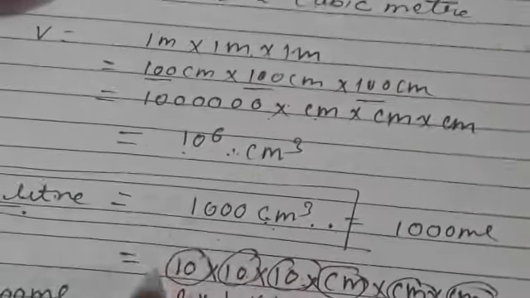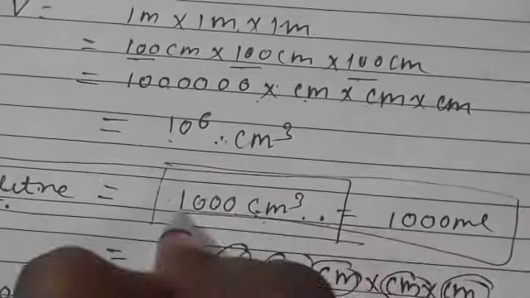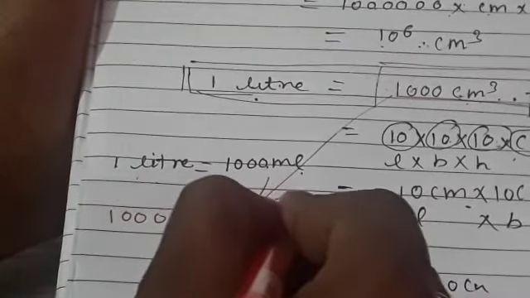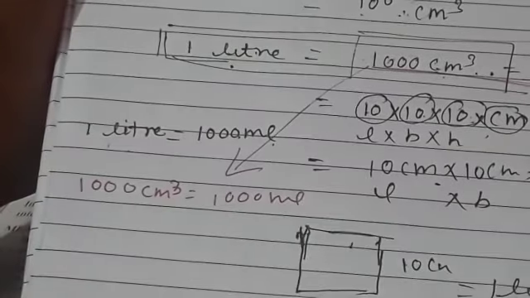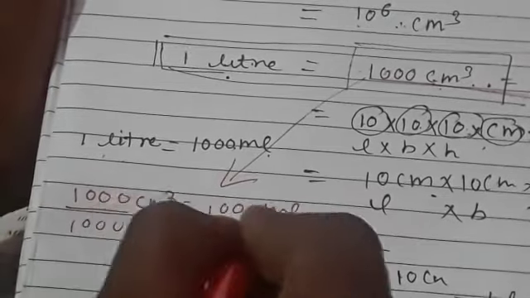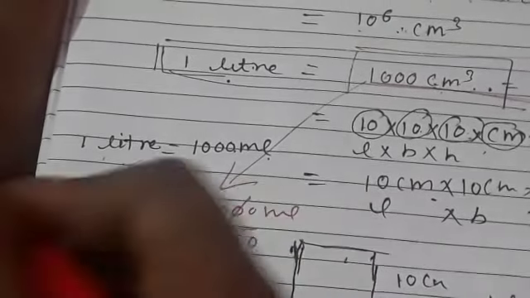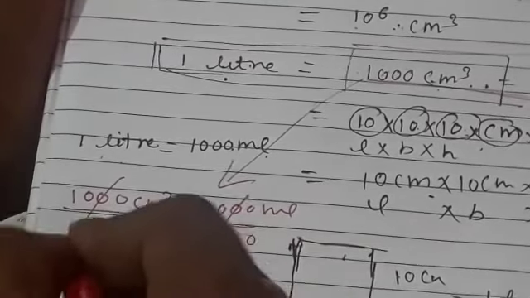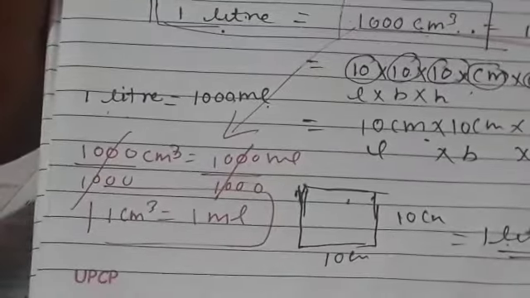So it means this 1000 ml and this 1000 centimeter cube both are equal. So it means we can take 1000 centimeter cube is equal to 1000 ml. Yes or no? So if we divide this by 1000 and if we divide this by 1000 also, cancel. So 1 centimeter cube is equal to 1 milliliter. This is the important one.